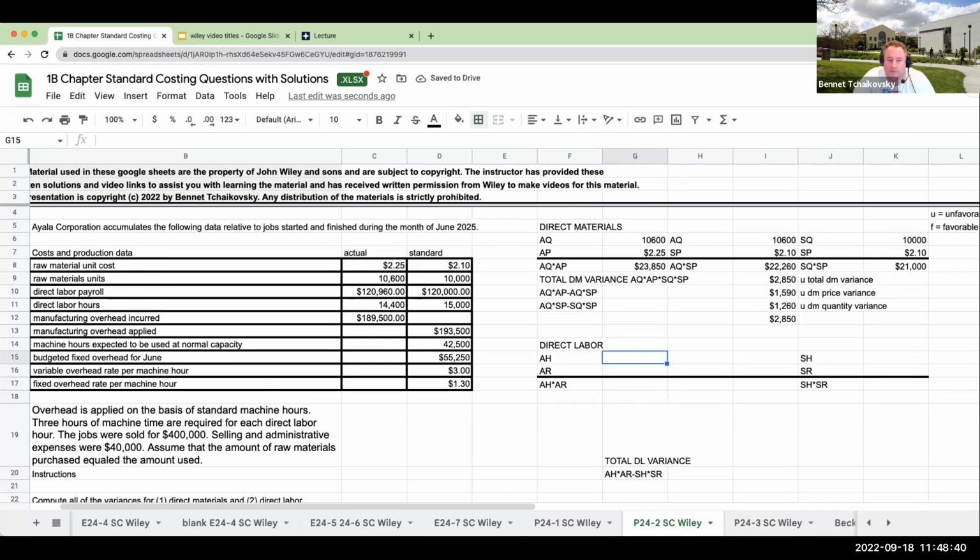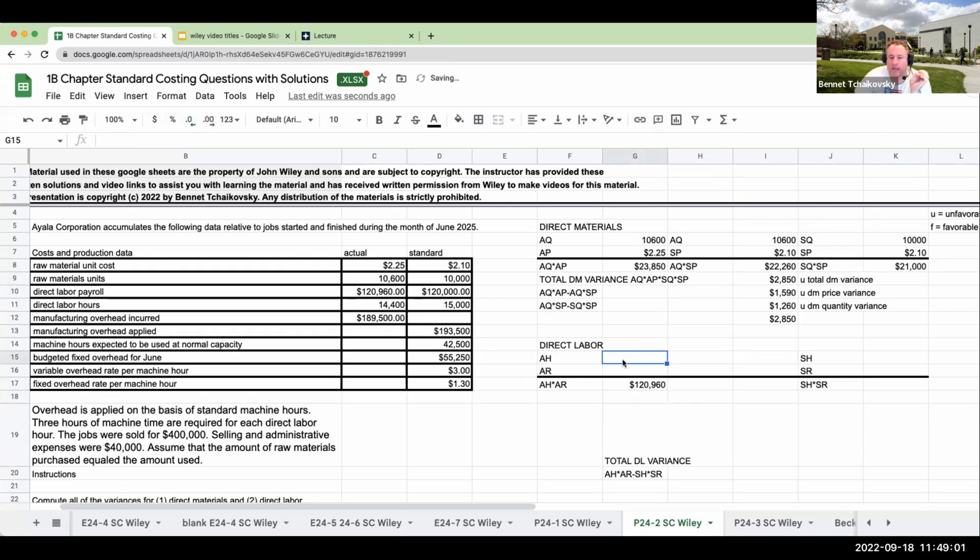So my actual hours that I actually spent. It says my total direct labor payroll was 120,960. Got to read from the left column.